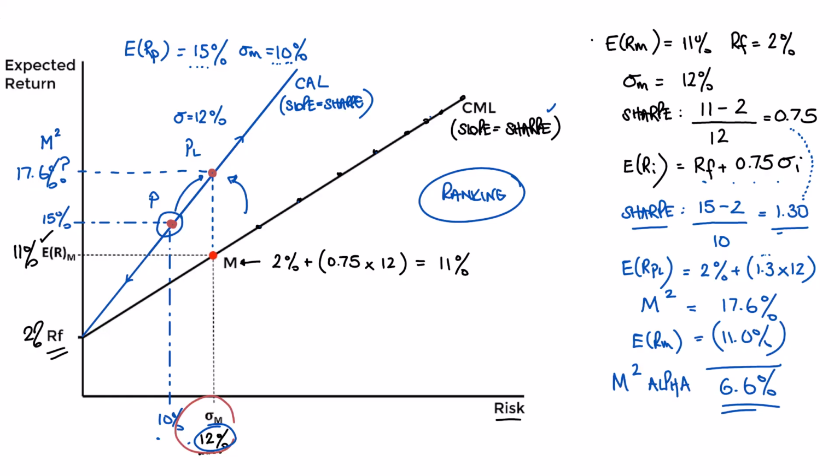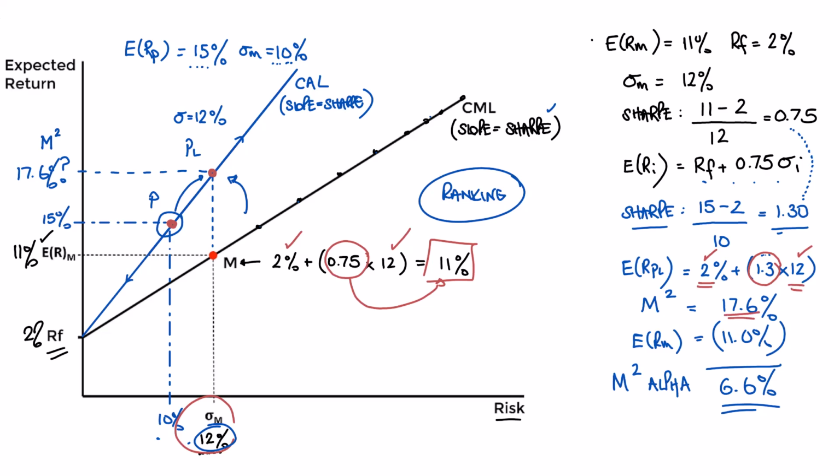Well, look at what we did to get M squared. We still used the return on the market. We still used the risk-free rate. The only thing that changed was using the Sharpe ratio of the market portfolio, of the CML, to get 11%, the market return, or using the Sharpe ratio of our new CAL to get M squared.